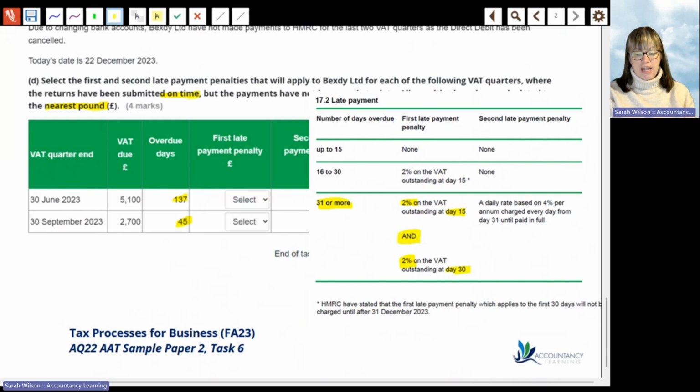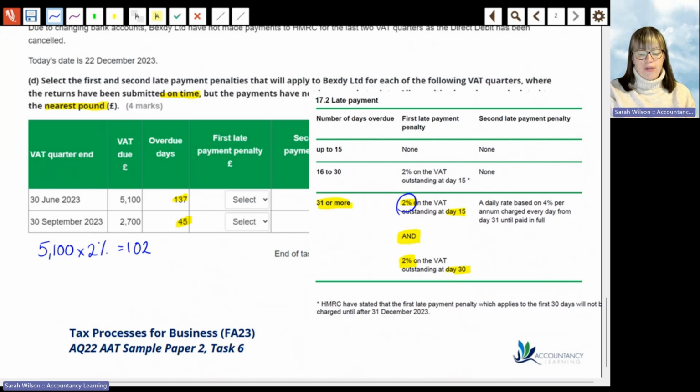So for the first late payment penalty, we can start doing some calculations. 5,100, we need to take 2% because all of that is outstanding at day 15. And that equals 102.